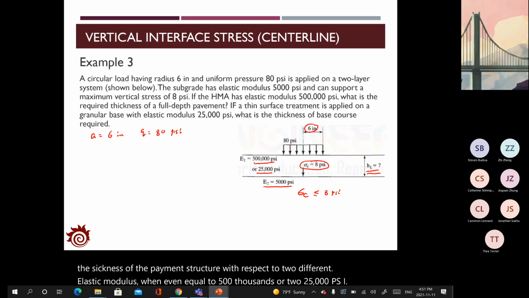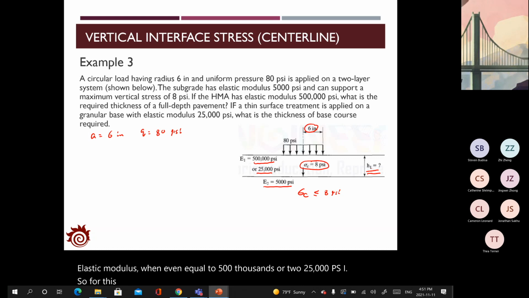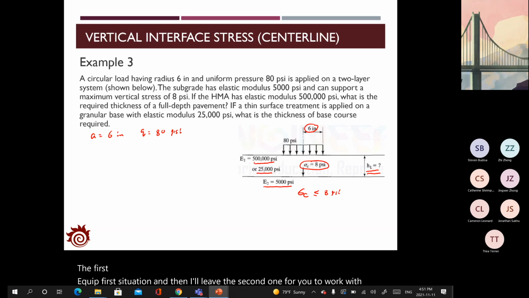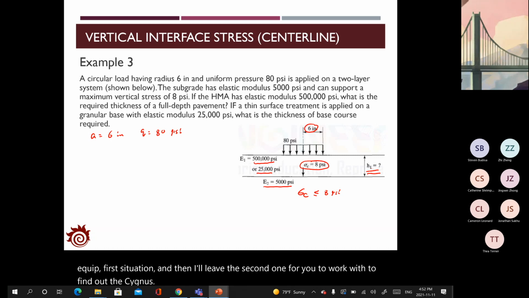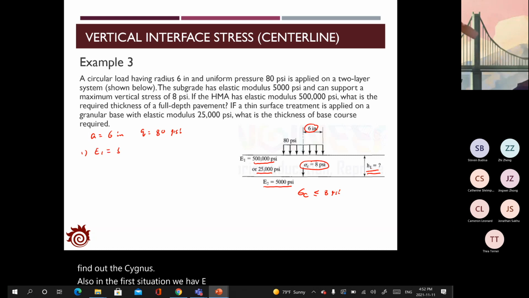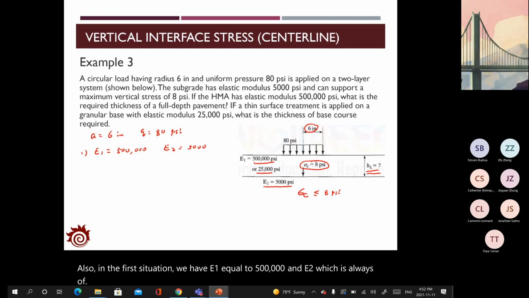So for this one, I will calculate the first situation, and then I'll leave the second one for you to work out the thickness. In the first situation, we have E1 equal to 500,000 and E2, which is always 5,000.